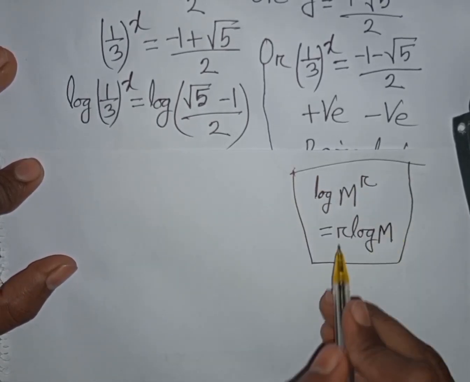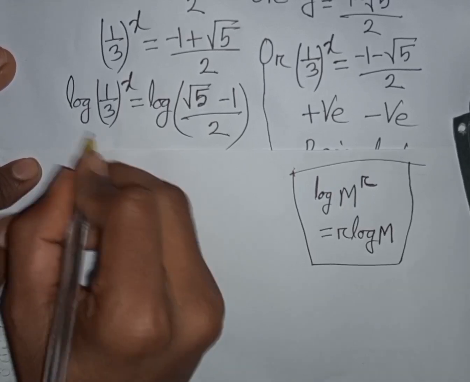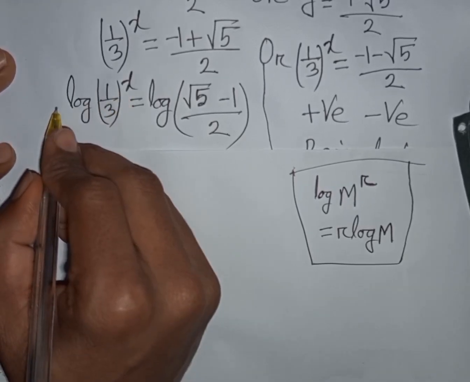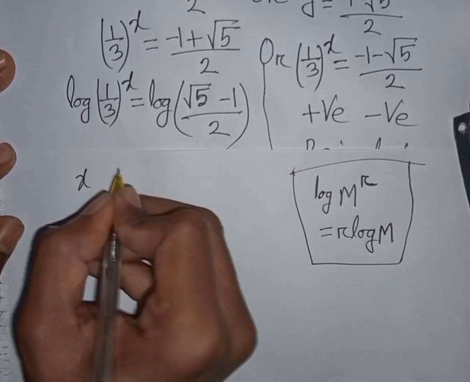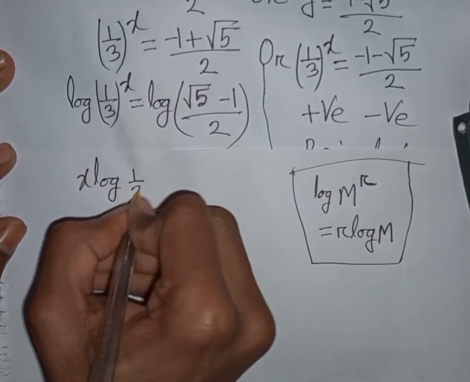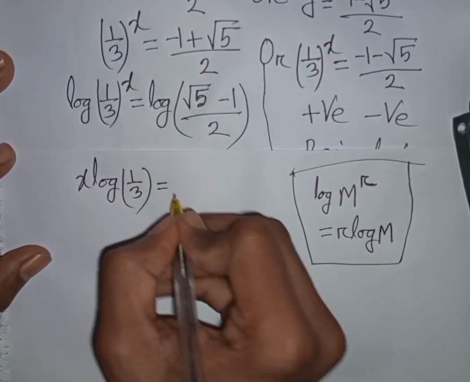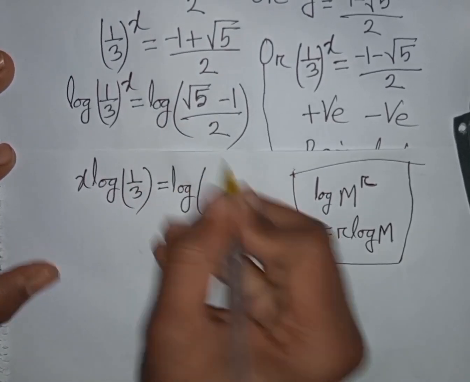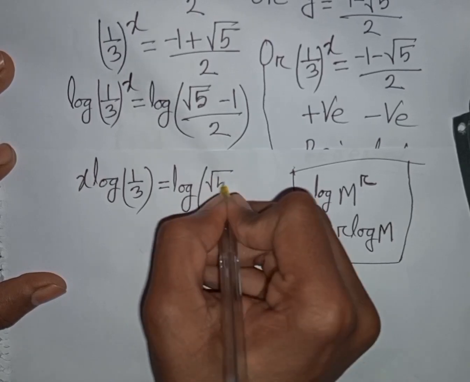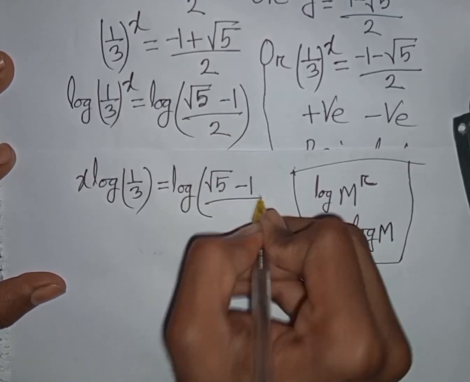That means this power r moves to the front. So according to this rule, this power x will move to the front. So you can write here x log 1/3 is equal to log of (square root of 5 minus 1) divided by 2.